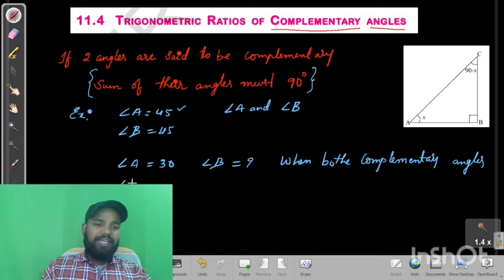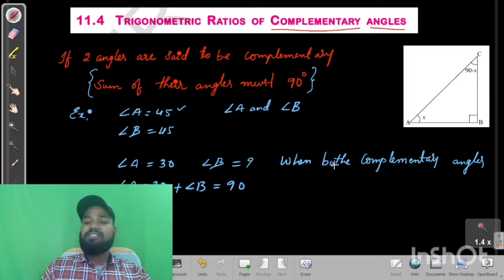If angle A equals 30 is given, then angle A plus angle B equals 90, because the sum of their angles must be 90. So I am writing angle A equals 30 plus angle B, which I don't know. I want to find the angle B, right?